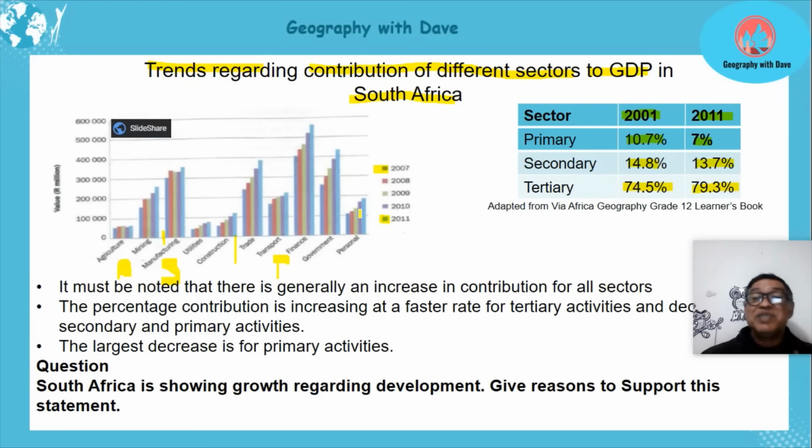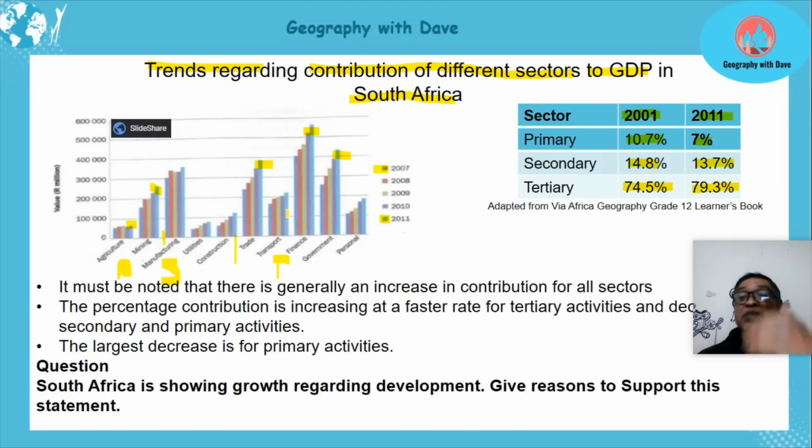But what would you notice? If you look at agriculture, and we even look sometimes at mining and we compare it here, you'll notice that generally growth is happening much faster in the tertiary than the other sectors, which is showing you development happening in South Africa.